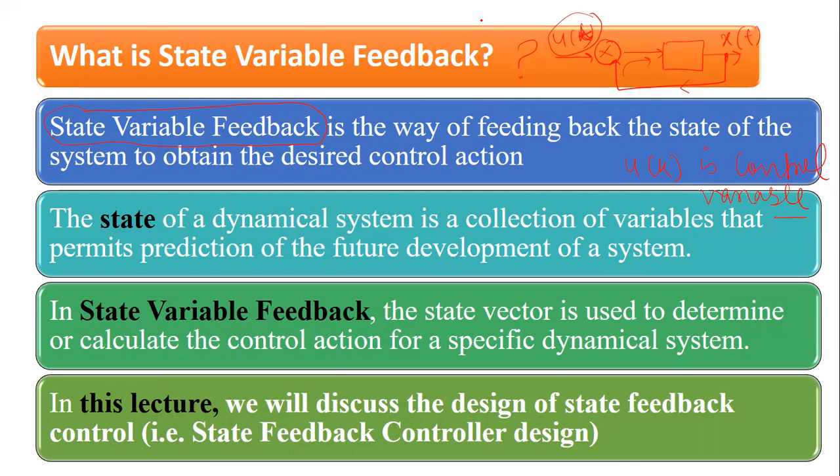Now, as the name suggests, state variable feedback means a variable which we call the state. What is state, that also we will understand. So state variable feedback is a technique or a method in which we feed the state variable back to the system so that we can obtain the desired control action.